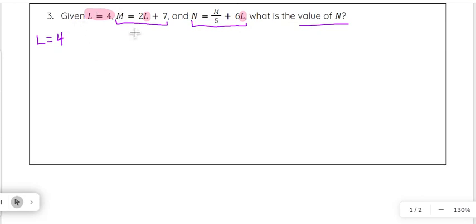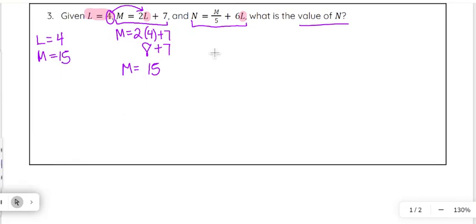So l equals 4. We're still going to plug that 4 in for l in the second equation here. M equals 2 times 4 plus 7. 2 times 4 is 8, plus 7 is 15. So here m is equal to 15. So we can add that to the list of information that we know.